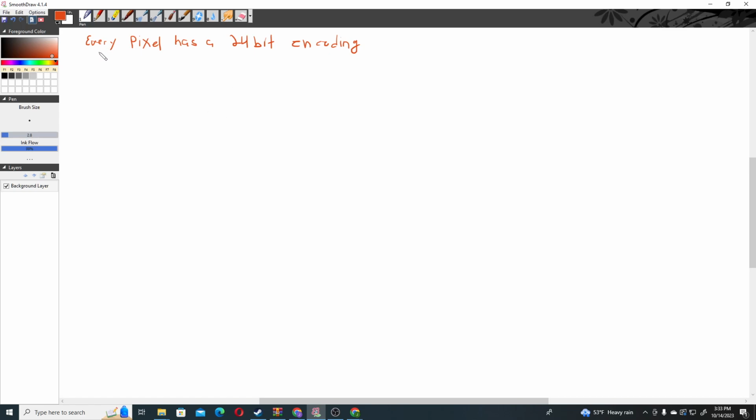So just a quick thing, let's pretend this is a big picture and there are all these pixels. By the way, 1 megapixel means 1 million pixels. And each one of these pixels represents 24 bits. Now what's 24 bits?